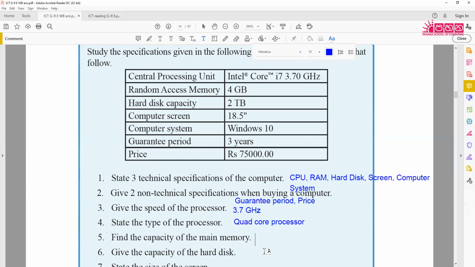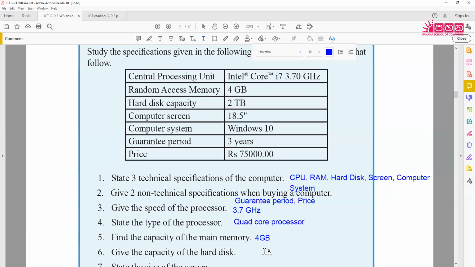Okay, so when it comes to main memory, we call it random access memory. When we say main memory, we specify the random access memory. So this one should be 4 gigabytes. Remember that. Main memory means the same as random access memory.